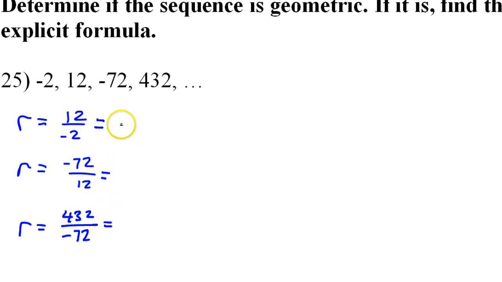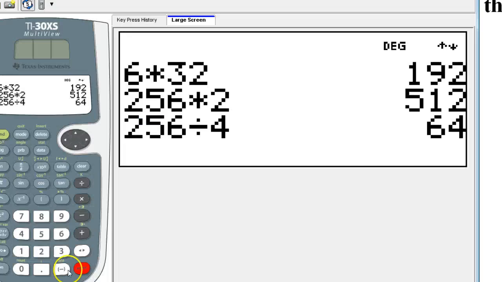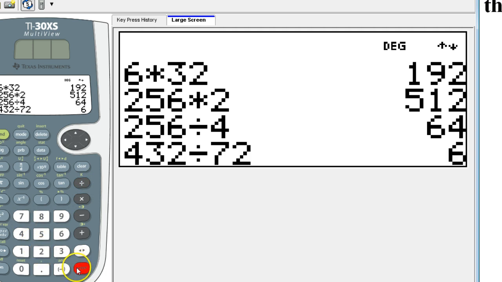Of course, 12 divided by negative 2 is negative 6. What about negative 72 divided by 12? Well, you should know this by heart. That is also going to be negative 6. I'm betting this one is negative 6, but let's check. 432 divided by 72. Look at that, that's 6.